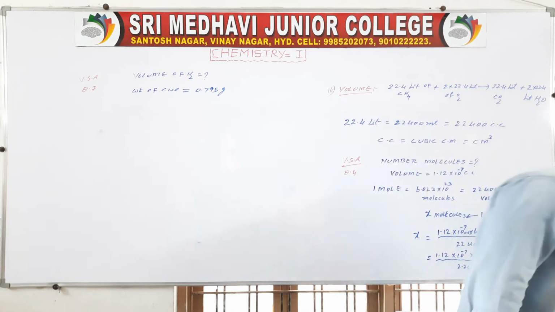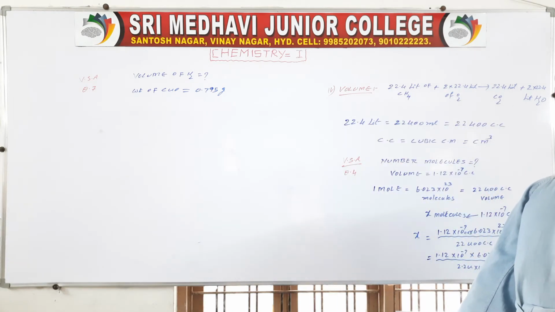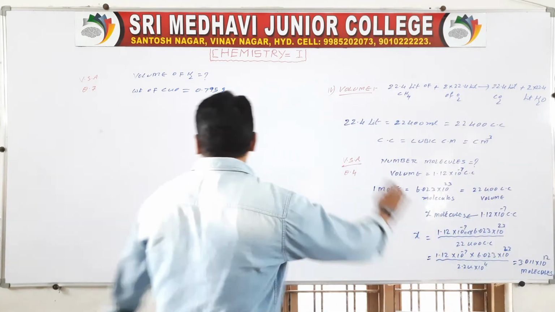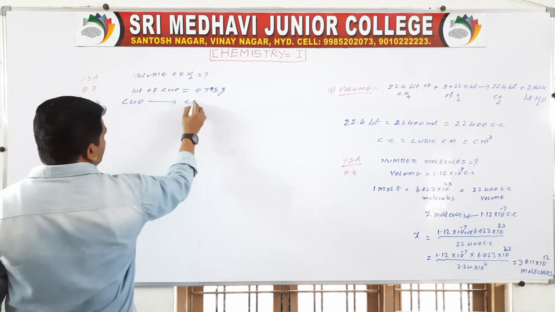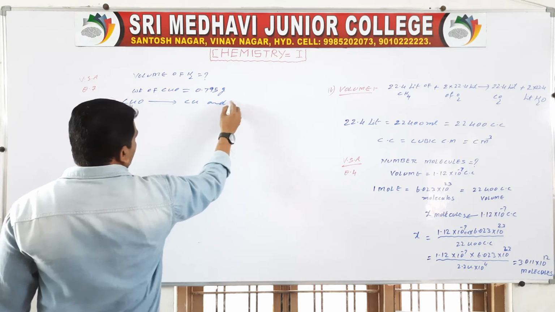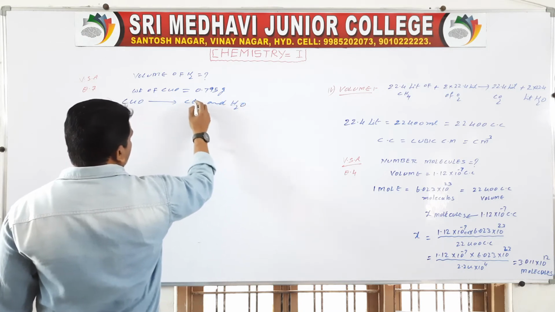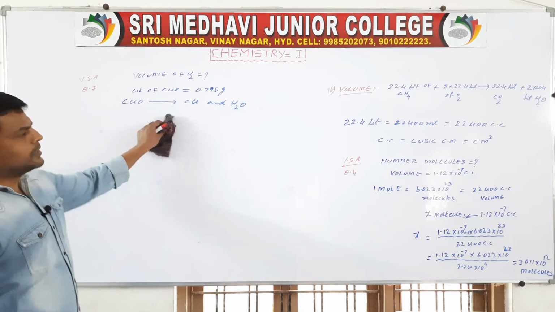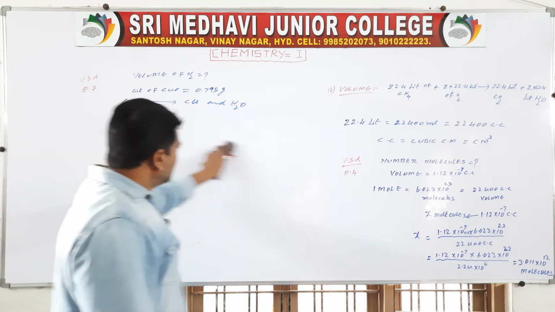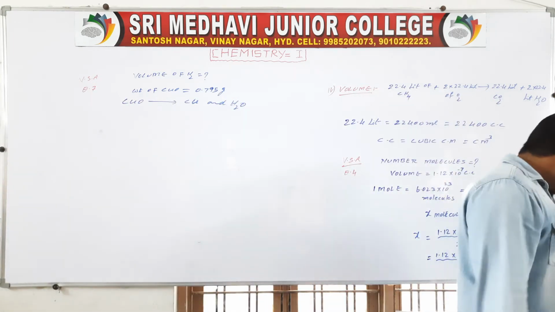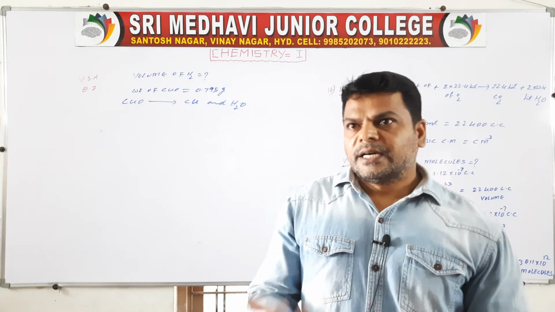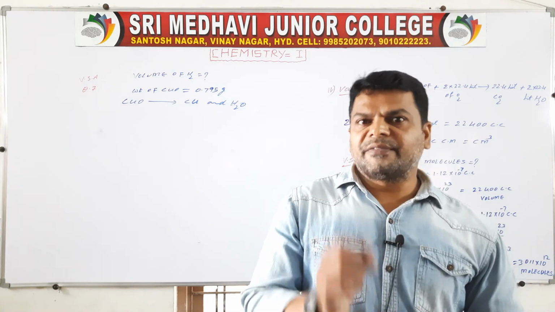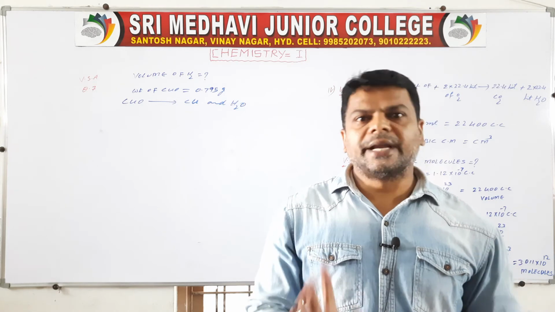CuO gives Cu and H2O. So this is the given data. From this data, we first have to write the stoichiometric equation. Reduction: for any compound, if you add hydrogen, that is a reduction.